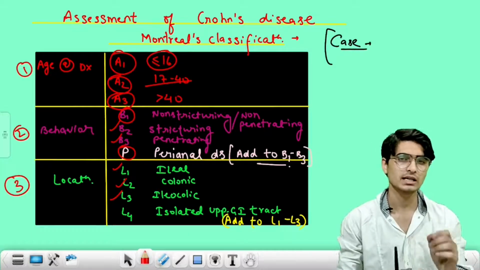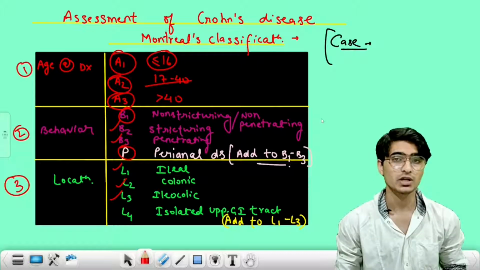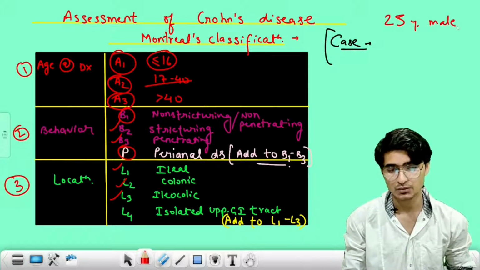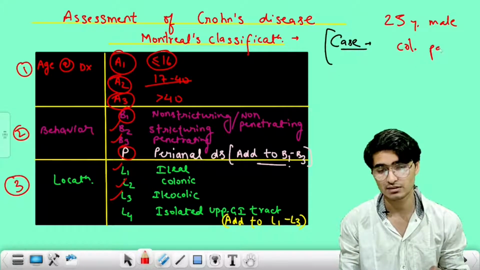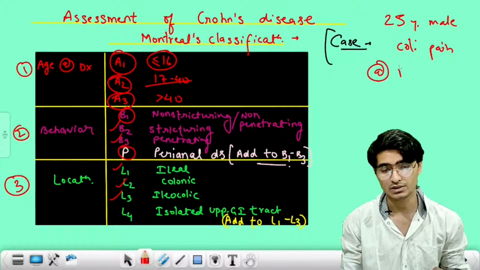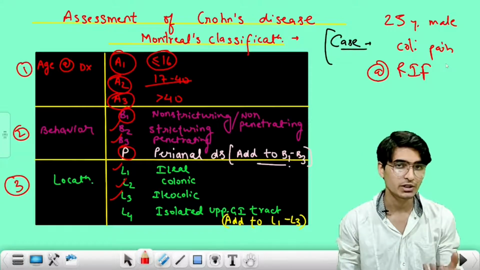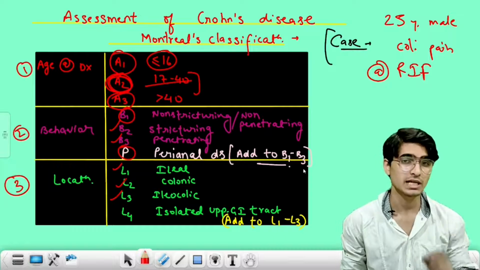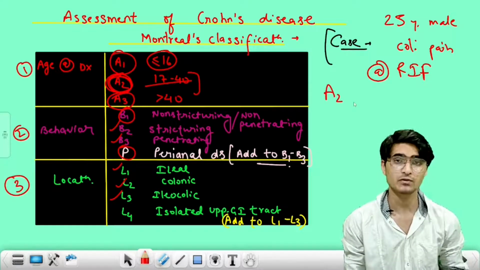Now let's take a clinical case to understand Montreal's classification better. A 25-year-old male presents with colicky pain at the right iliac fossa. Now we will classify according to Montreal's classification. Number one is the age of the patient, that is 25 years, so it is A2.